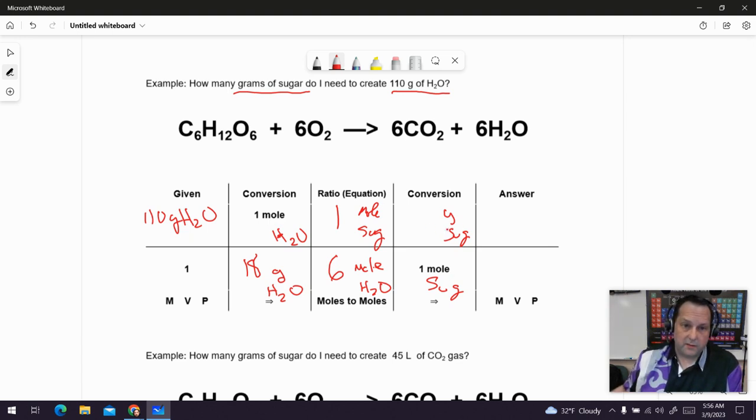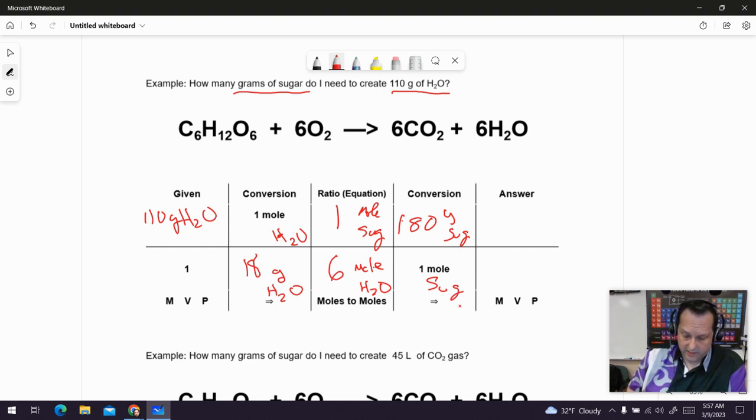So this is going to be a little more. I have 6 times 12, so I have 72 plus 6 times 16, 96. 96 plus 72 is 168 plus 12. So I have 180 grams of sugar up here like that. So now I just multiply across.